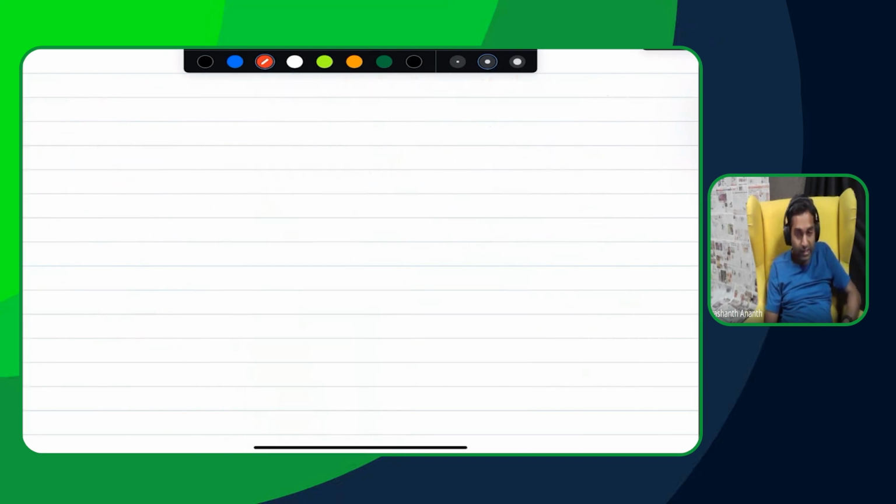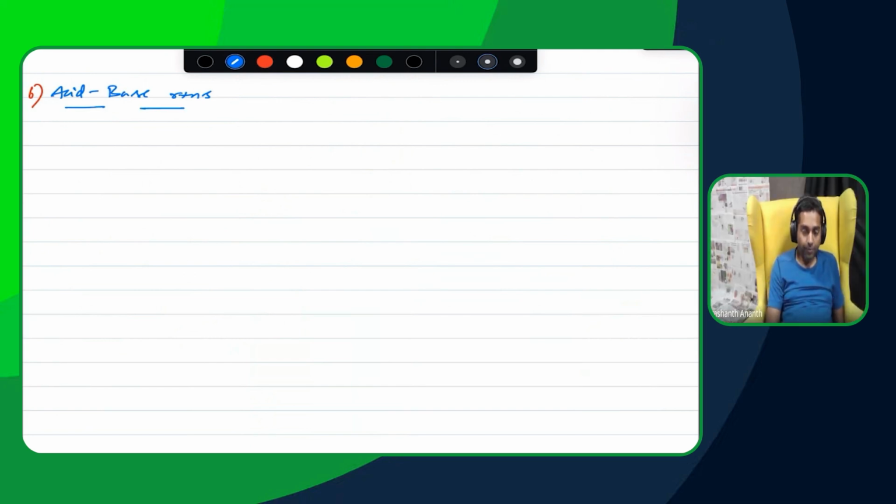Okay, so let's say we are looking at acid base reactions. Where would alcohols come into the picture here? Where would phenols come into the picture here? Alcohol here, is it stronger than water as an acid or weaker than water as an acid?